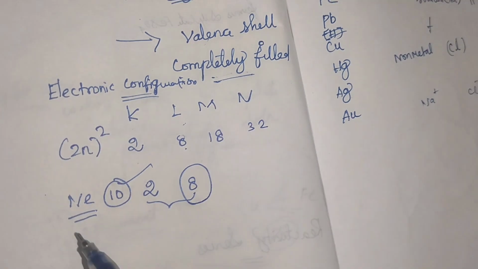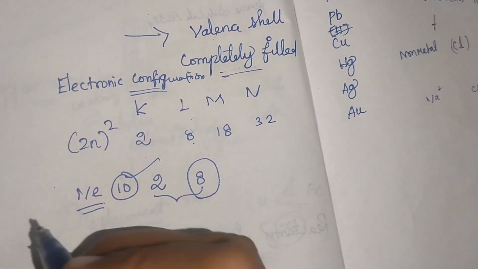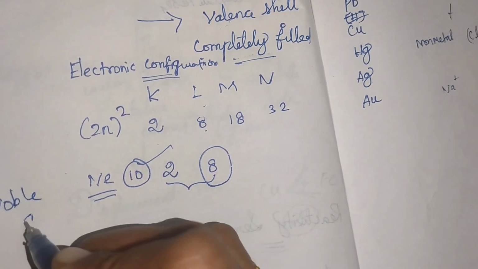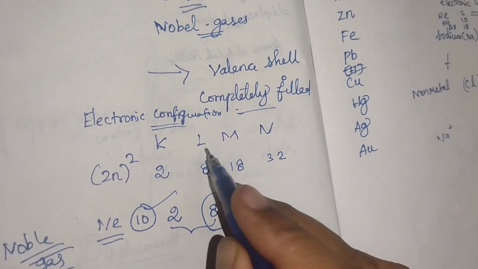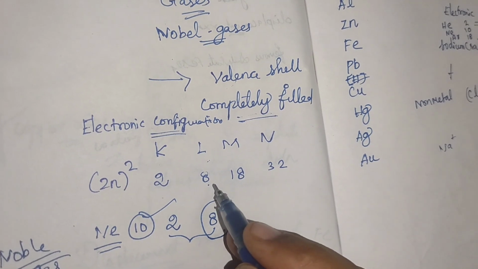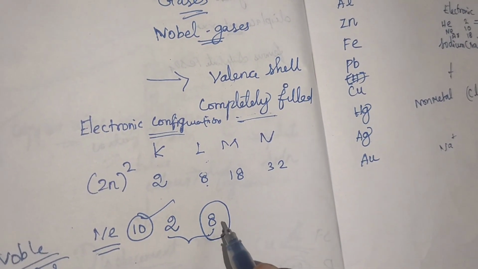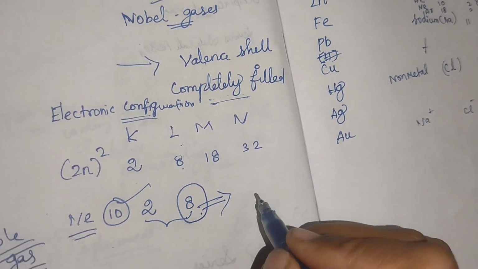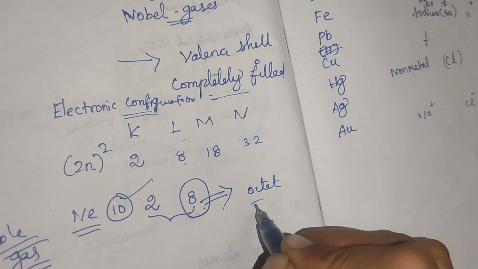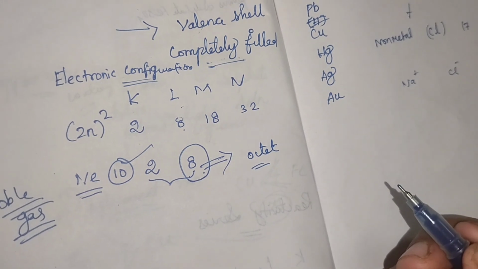Okay, so neon is one of the noble gases. Why do we say it is a noble gas? Its outermost shell is the L shell, and in the L shell 8 electrons should be present. So neon is completely filled with 8 electrons. The outermost shell is completely filled. This is the octet. Octet means the outermost shell, the valence shell, should be completely filled.